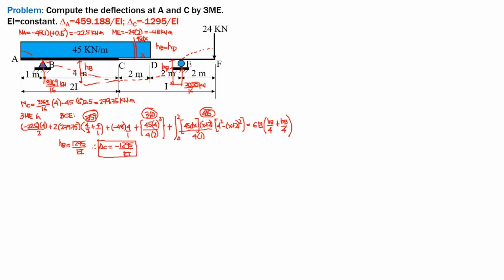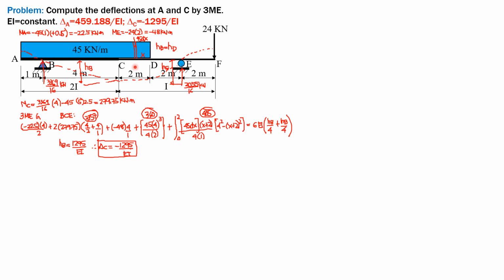Naturally, HB and HE are positive because they are above the horizontal line through C. But we are computing delta C. Delta C is numerically equal to HB, but delta C is negative because it is deflection at C, and the reference for the deflection is the horizontal axis of the beam. So therefore, delta C is negative 1295 over EI.